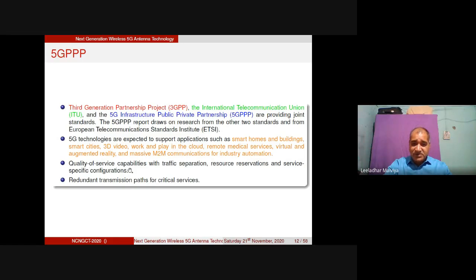Various quality of service capabilities, traffic separation, resource reservation, and service-specific configurations are included in 5G.